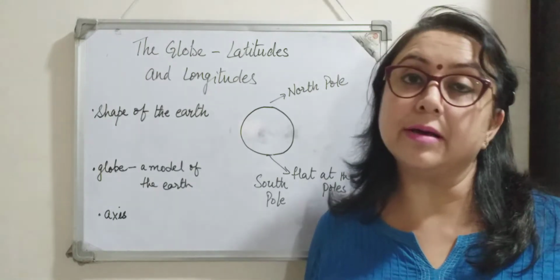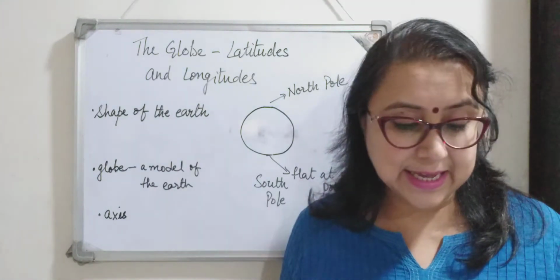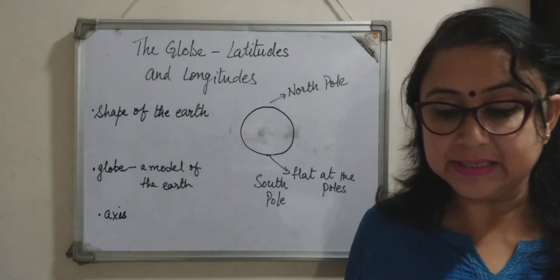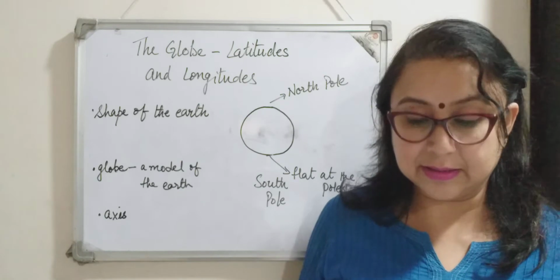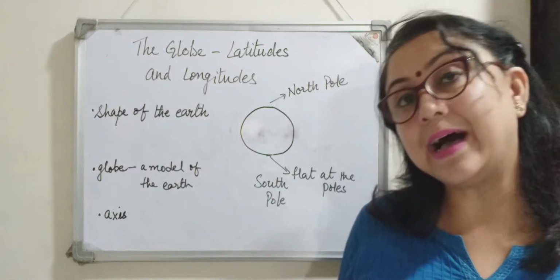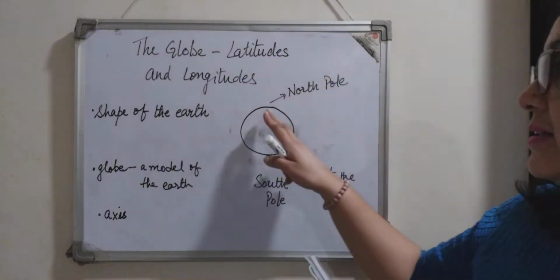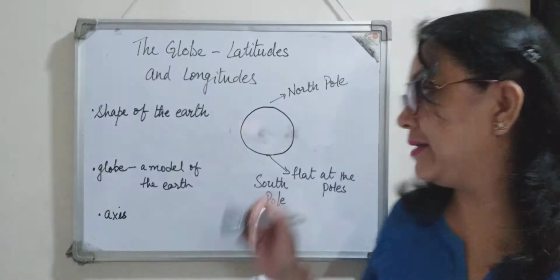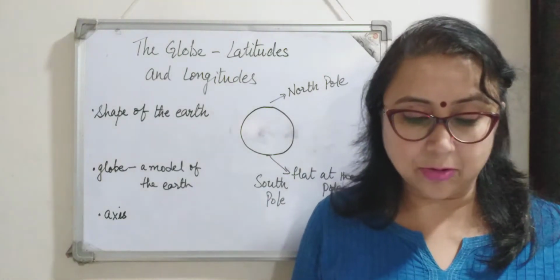And when talking about the center of the earth, it is slightly more, that is 12,756 kilometers, that's the diameter, and the circumference is 40,090 kilometers. So this proves that the earth is slightly flat at the poles, at both the ends, that is at the north end as well as at the south end.